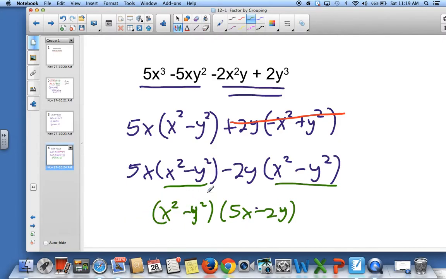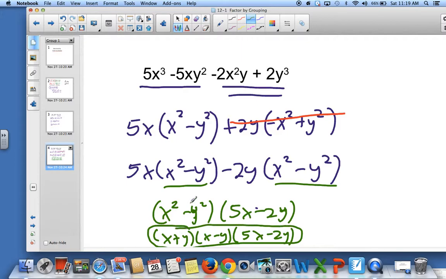There should be bells going off in your head right here because that's the difference of squares. So that would be x plus y times x minus y, which we should be good at by now, times 5x minus 2y. So this would be the answer we're looking for. That's the factored form of all this right here.